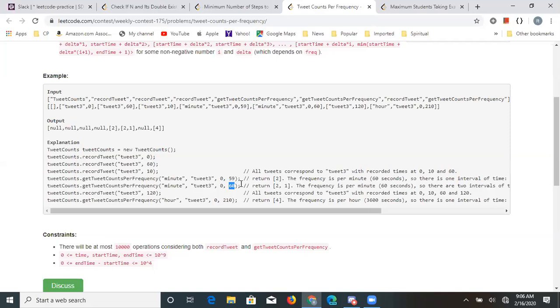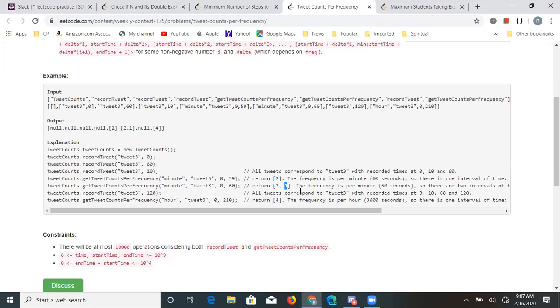So you will say, okay, in the first minute we had 2 tweets, in the second minute we had 1 tweet. If we had more tweets at 61, 62, 63, then we would say 3 here. Is that clear? I will wait. If it is not clear, then it's not. I'm trying to digest it.